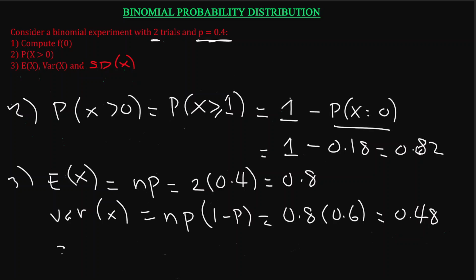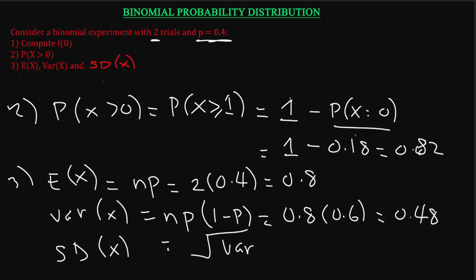Now, what is the standard deviation of x? Standard deviation is equal to the square root of the variance of x. So let's do that.